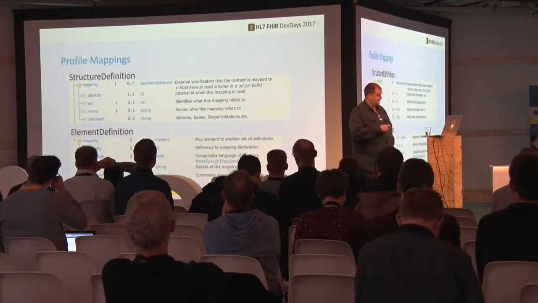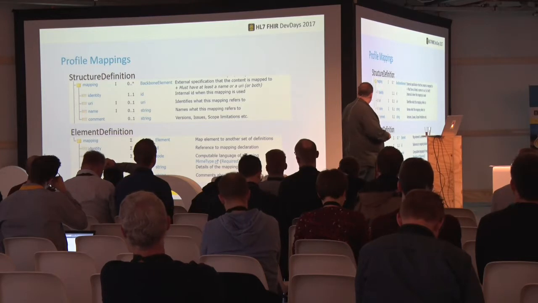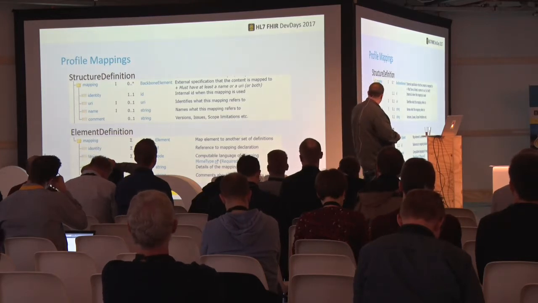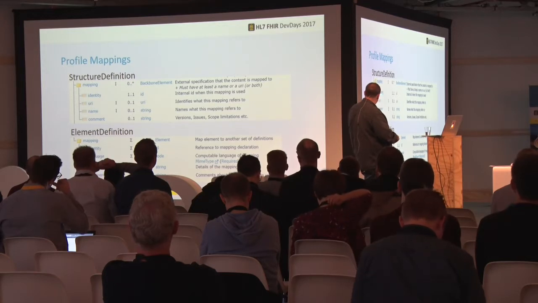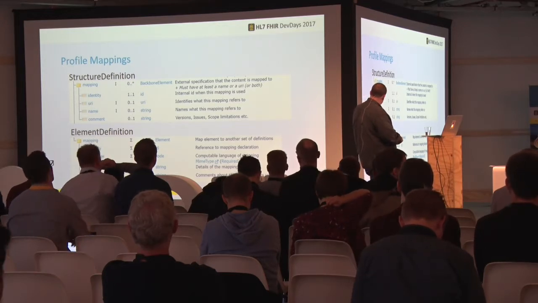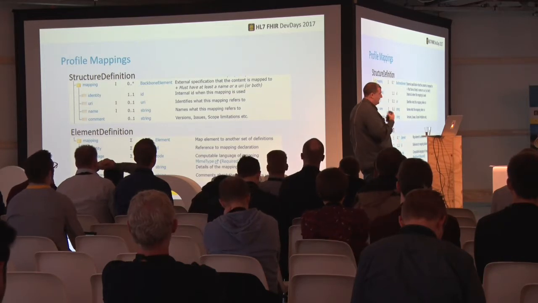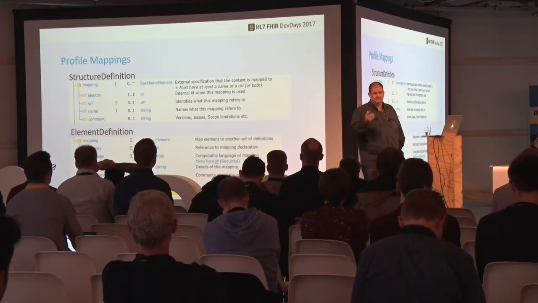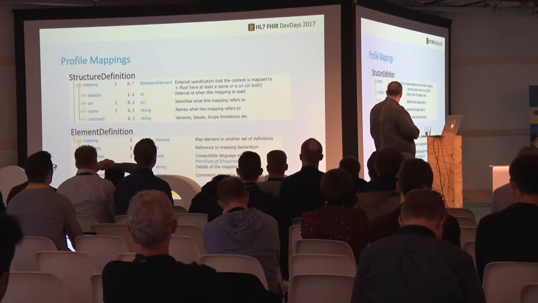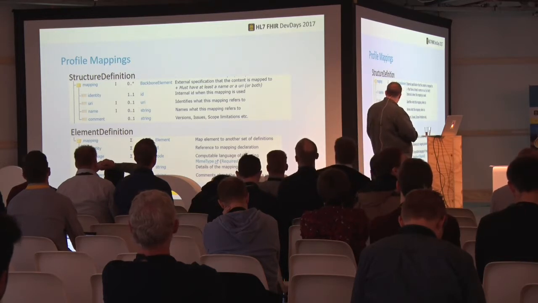Also in profiles, we have mappings in profiles. So you start in the structure definition by saying this is something that we're mapped to. That's what we're going to use internally as the identity. And this is its formal URI. And there's some more information about it. So we can say we're going to map from the content in the FHIR resource to content in some other specification.